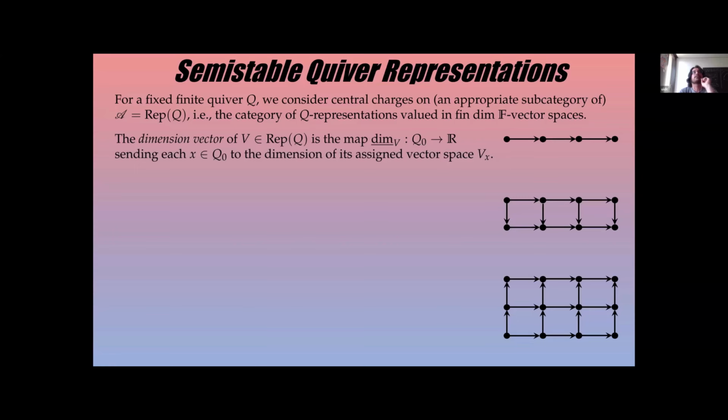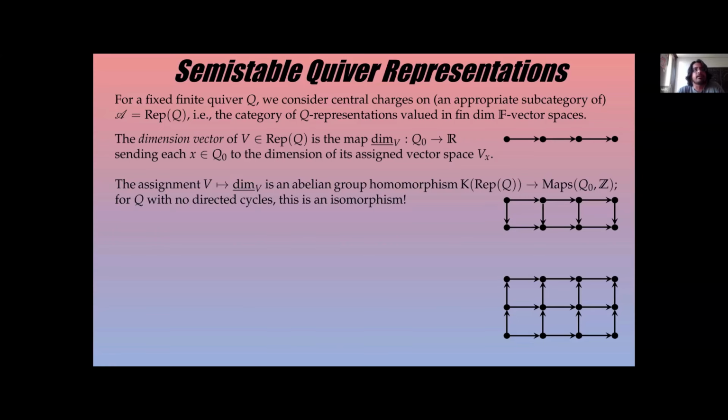Then the dimension vector of that representation is the map that assigns to each vertex the dimension of the vector space that lives over that vertex. This turns out to be an abelian group homomorphism from the Grothendieck group to the set of functions from the vertices to the integers. When Q has no directed cycle, this is in fact an isomorphism.